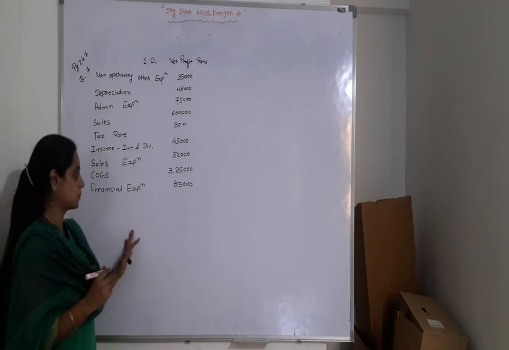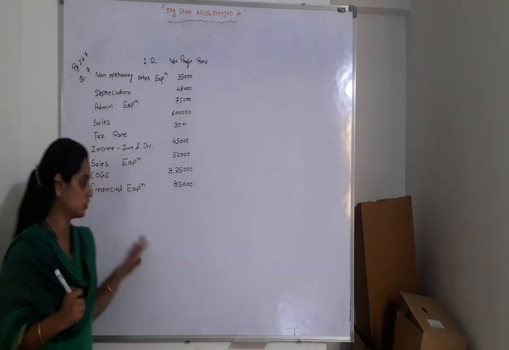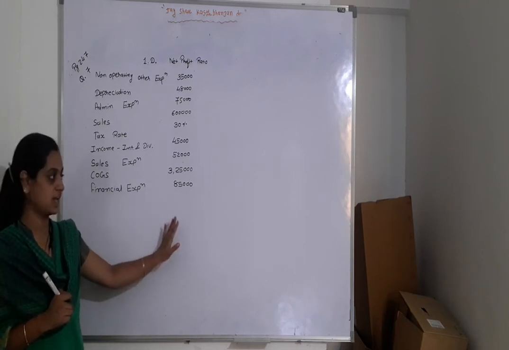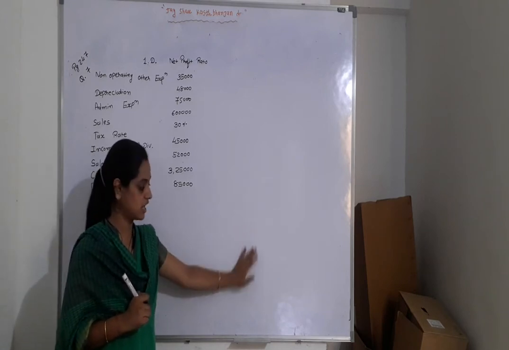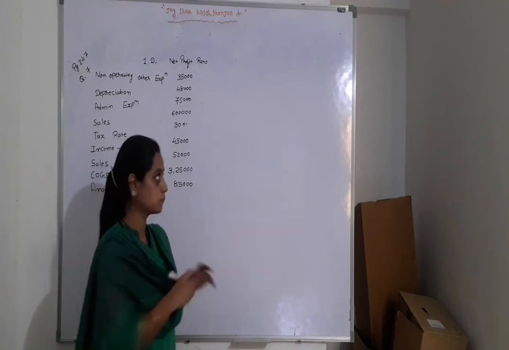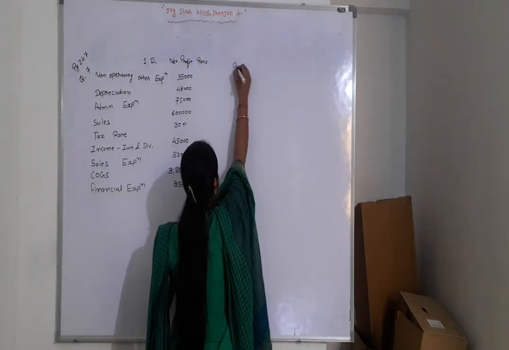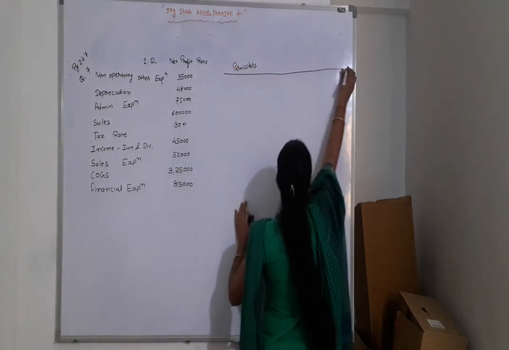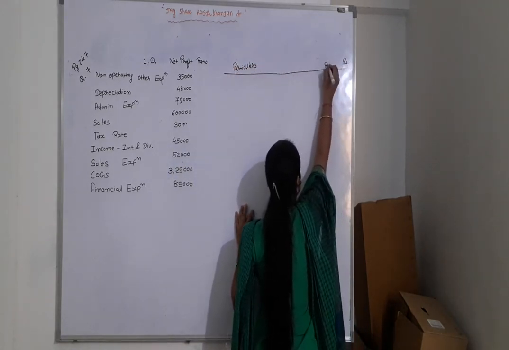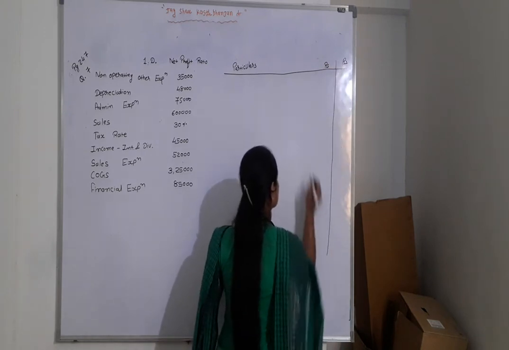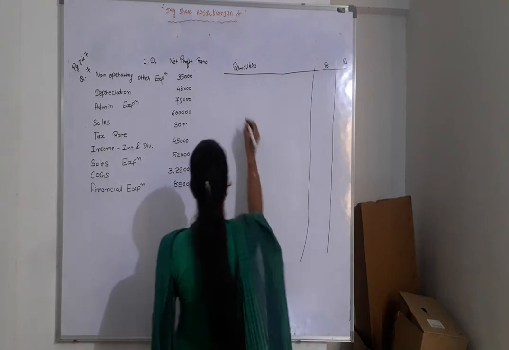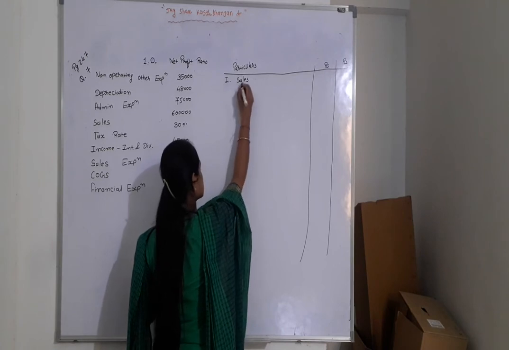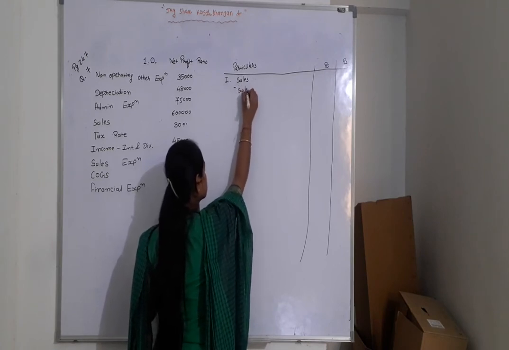Okay. So, first of all, we have to give some space and then write the table, or else you can directly write the table and write the other calculation after the table. Okay. So particulars, rupees. First one is sales minus sales return.